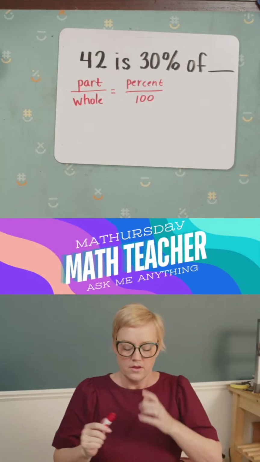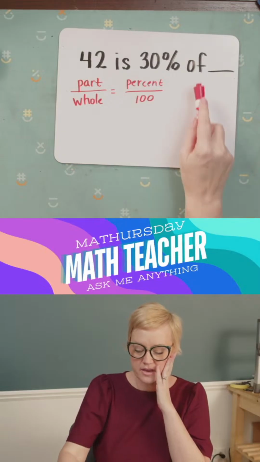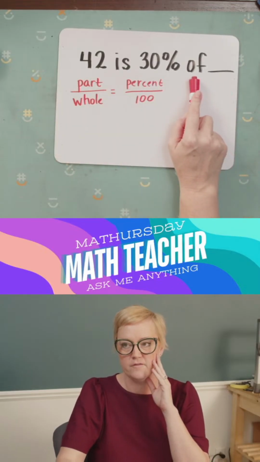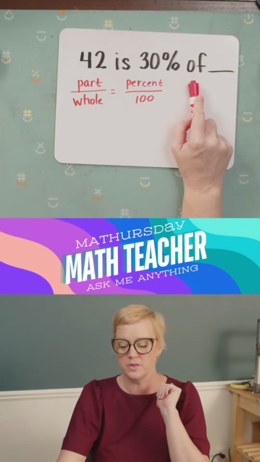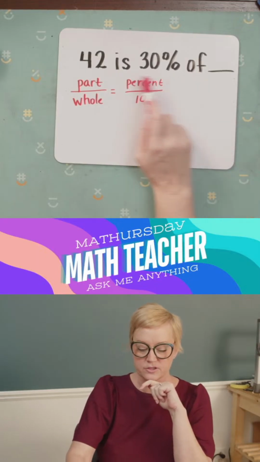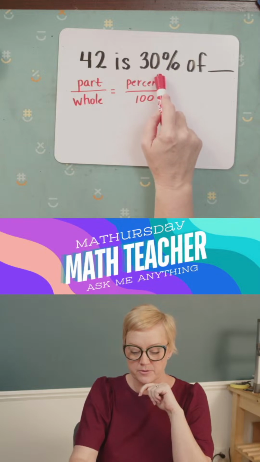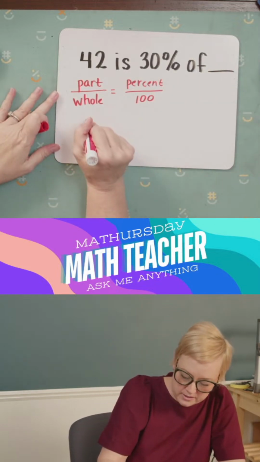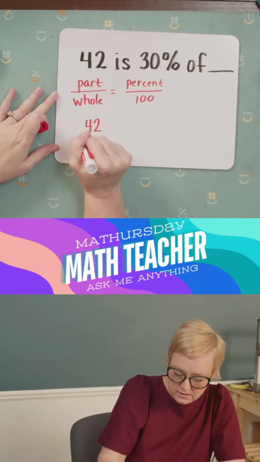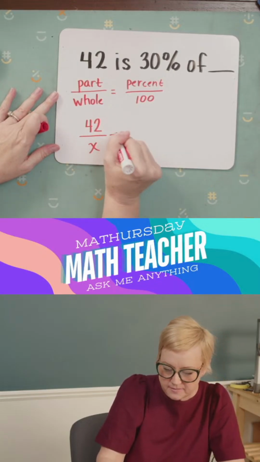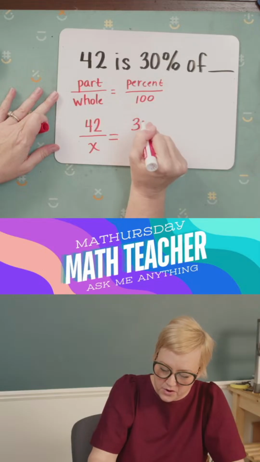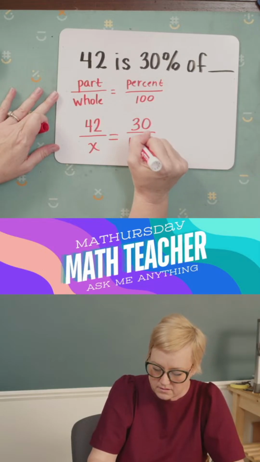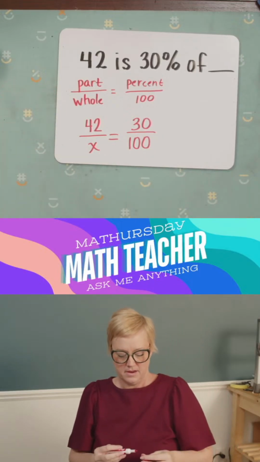So usually when you're talking about this of, right? When you're talking about a percentage, this of is linked to the whole. Okay, so 42 is 30% of the whole. So 42 is the part. The whole is X. And then we've got 30 over 100. Okay.